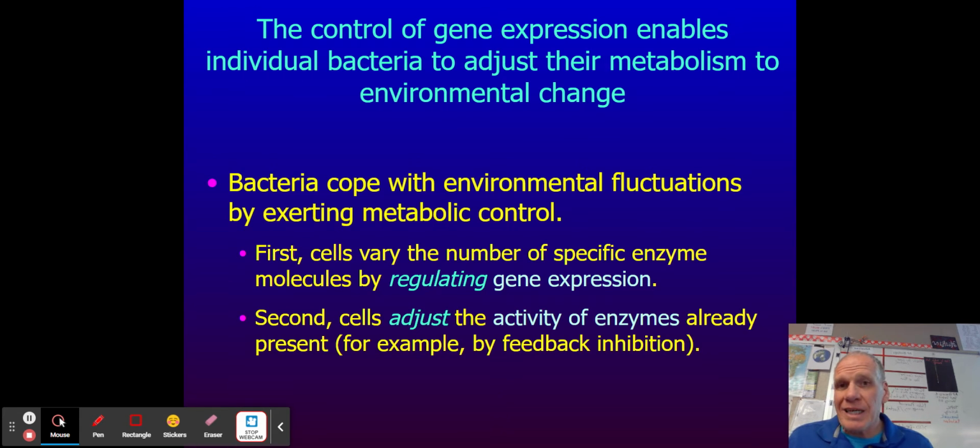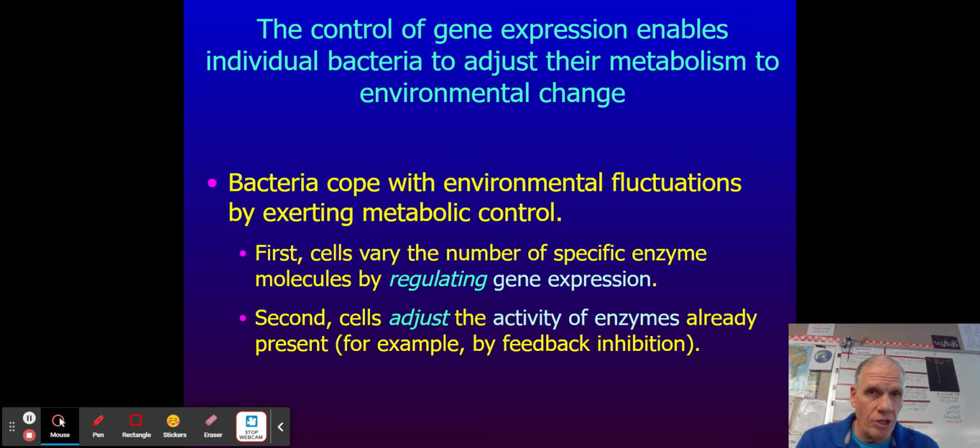All right, so once again, what does the control of gene expression do? It enables individual bacteria to adjust to environmental change. They can basically turn on a gene and create a protein that helps them meet the demands of that environmental change, or they can also adjust enzyme activity. And if you remember from cell signaling, these are also the two major things that happen with cell signaling.